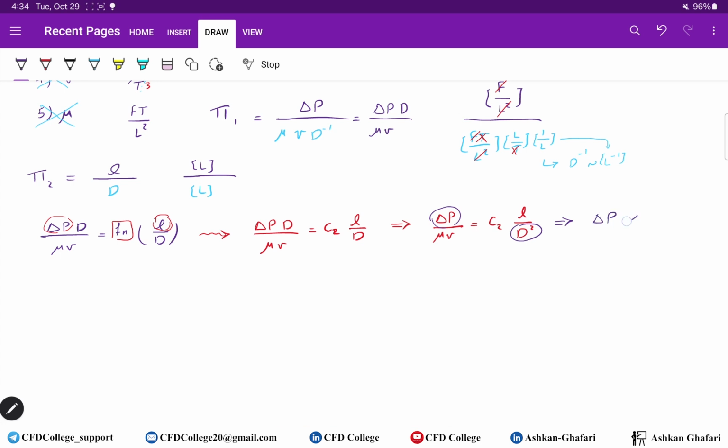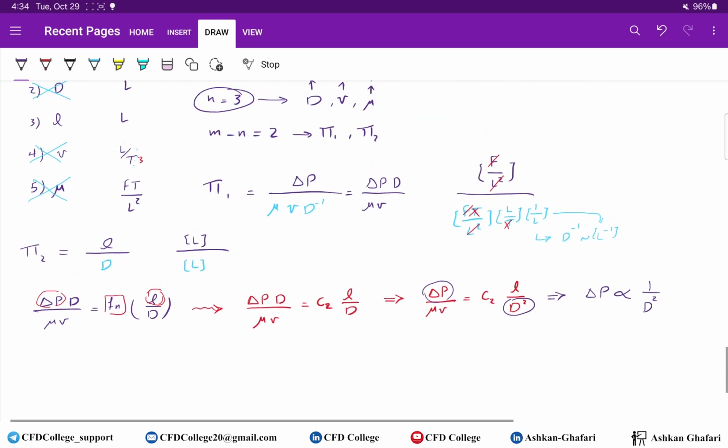Delta P and 1 over D square for a given velocity. So it has a reverse relationship, and with D square, actually, not D.